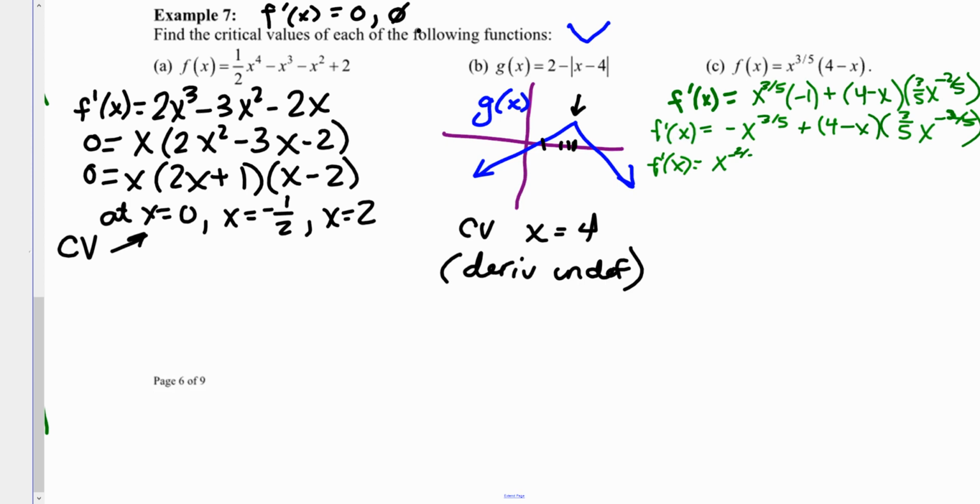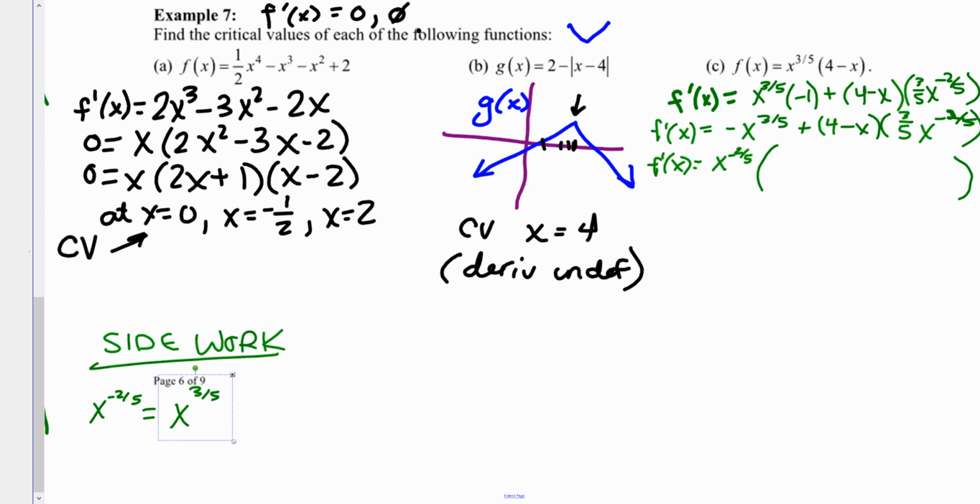Okay. So we have to put what's left over. All right, I'm going to write over here, side work. I'm going to even label it so you can know what I'm doing. All right, side work. So I'm trying to think, x to the negative 2/5 equals x to the 3/5, actually it's negative, times what?